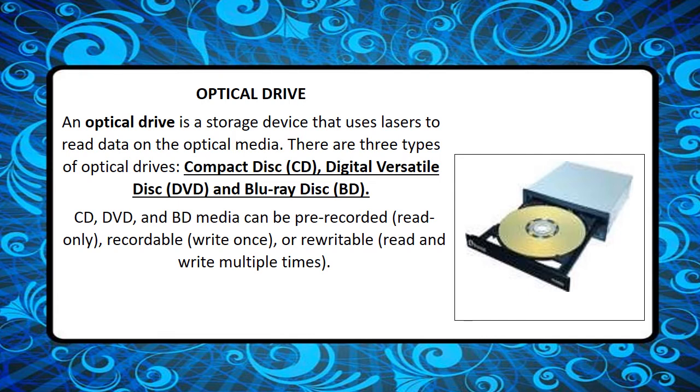CD, DVD, and BD media can be pre-recorded or read only, recordable, write once, or rewritable, read and write multiple times. So that is the use of the CD, DVD, and BD, or the examples of optical drives.